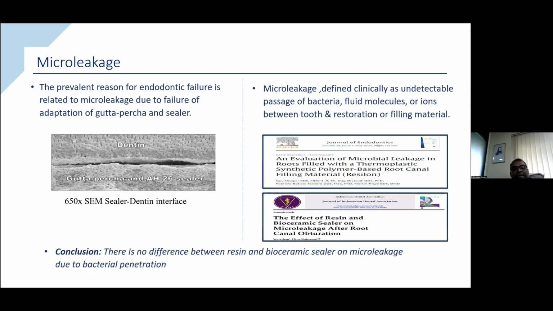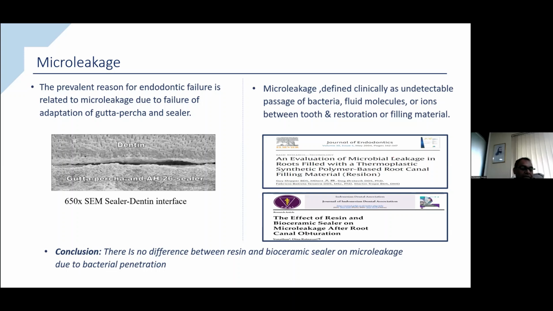If you see the SEM section at the sealer-dentine interface at 650x magnification, you can see a space, thereby causing microleakage. Thus, microleakage is defined clinically as an undetectable passage of bacteria, fluid, molecules, or ions between the tooth and the restoration or filling material.